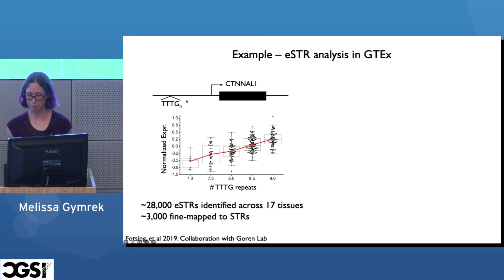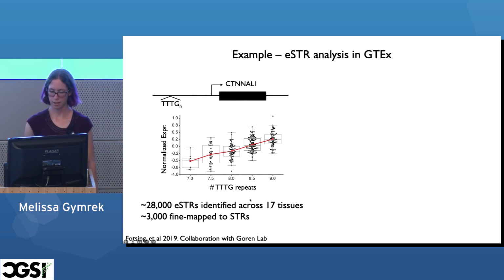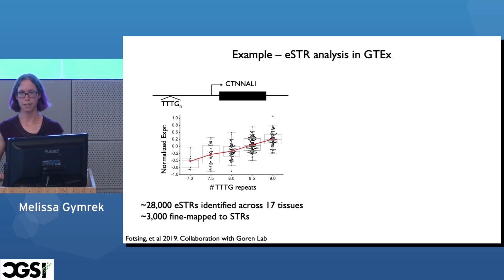We've applied this to some fun data sets. The first place that we have applied this is looking at gene expression. If you find a repeat that is nearby a gene, can we find relationships between copy number of the repeat and expression of the nearby gene? We've found thousands of examples of this type of thing in the GTEx data set. We've also applied fine mapping.